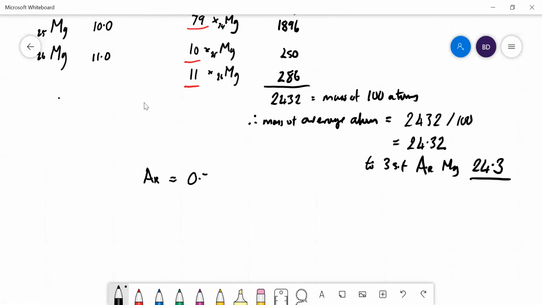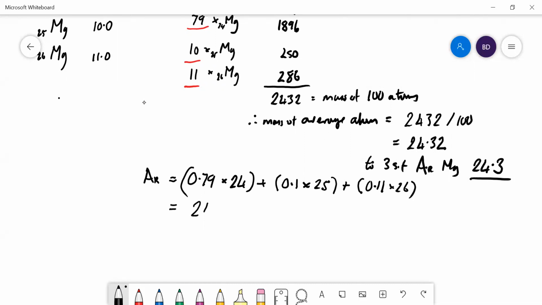So I'm going to do 0.79 times 24, so that's how much the 24s are going to weigh, plus 0.1, 10% over 100, is 0.1 times 25, plus 0.11, that's 11%, times 26. Work all that out, and it comes to 24.32. So instead of using percentages, we're using these fractions, okay?